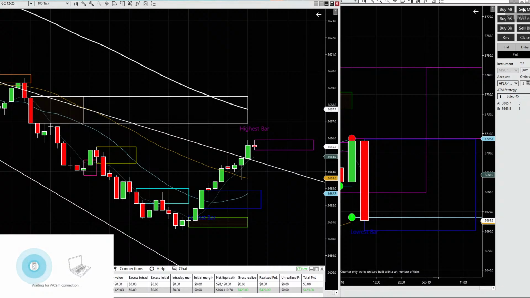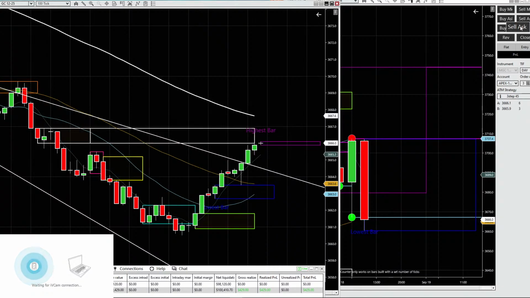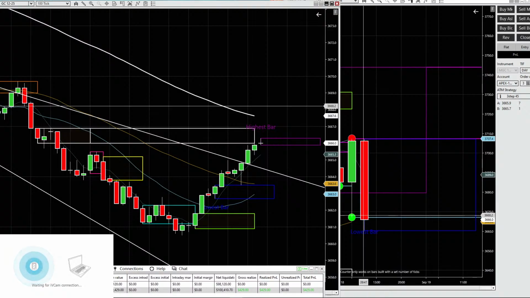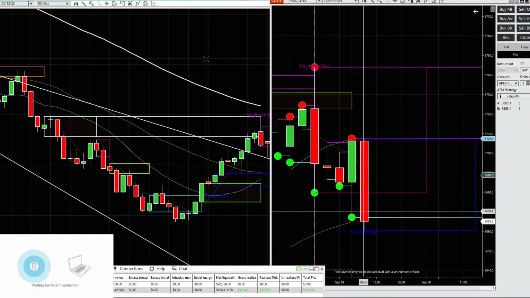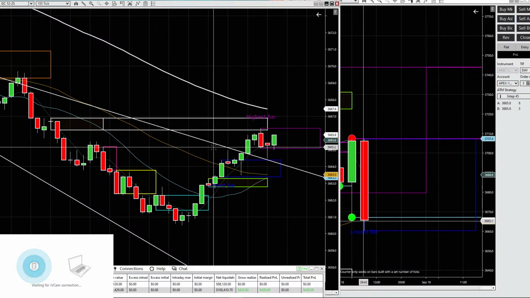Comes and erases this candle, we'll jump in. Here's my line right there. But it's on top, so I can find support right here.